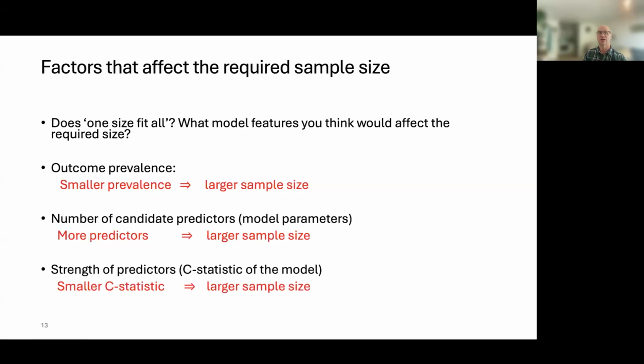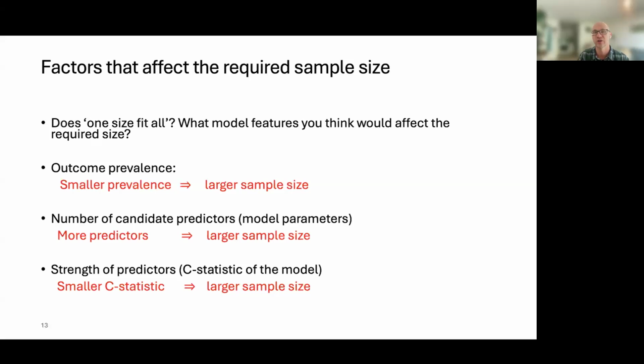You need 3 ingredients in order to calculate the sample size that your study should have. The first one is outcome prevalence or outcome incidence. That's something you should be able to know, as clinicians have a very good idea about the prevalence or incidence of the disease.